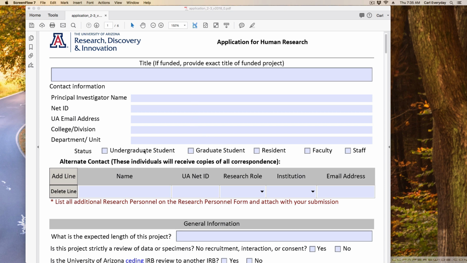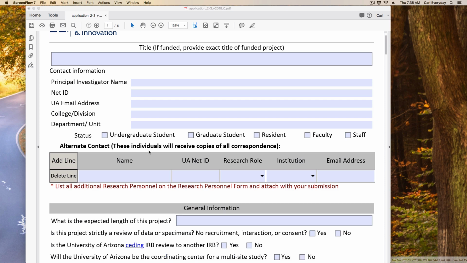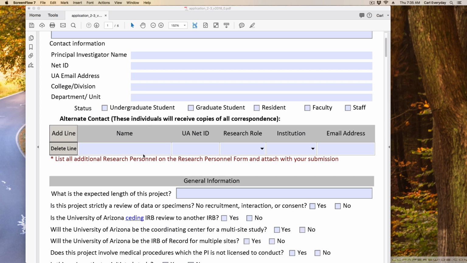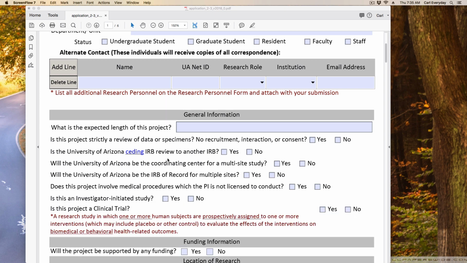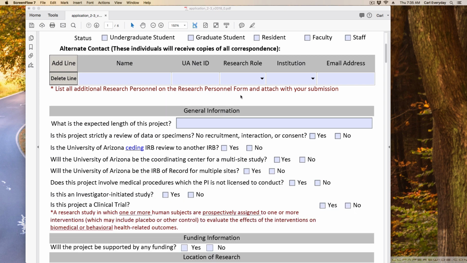Down here you note your status, alternate contacts, and you add people as you need to, but if you're a student, then it's probably going to be your advisor, and that person will also get emails to help the human subjects folks stay in contact with you.